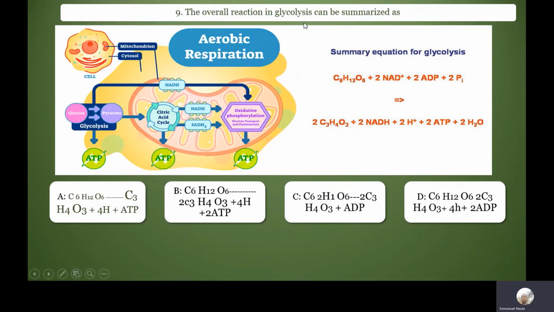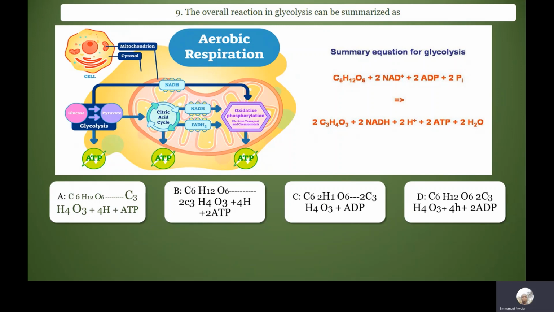The overall reaction in glycolysis can be summarized as, the correct option here is B. Glycolysis is the first stage in respiration. Remember, respiration is the release of energy from cells from the breakdown of nutrients. The first stage of respiration is glycolysis.